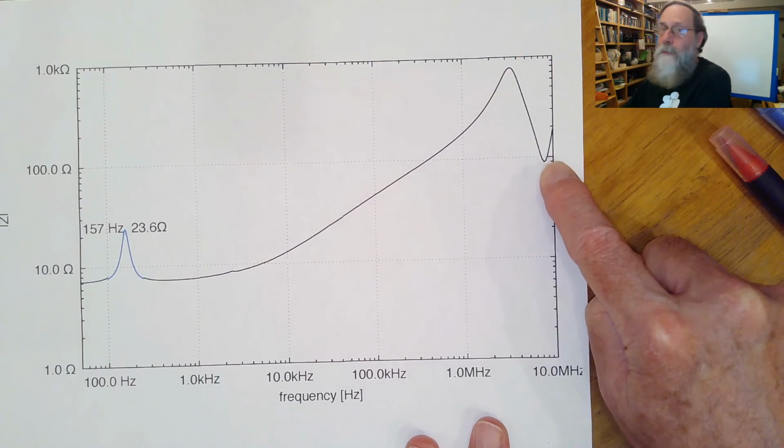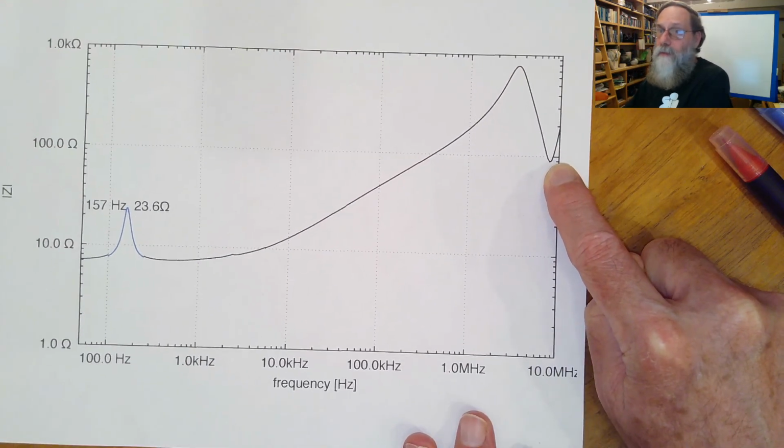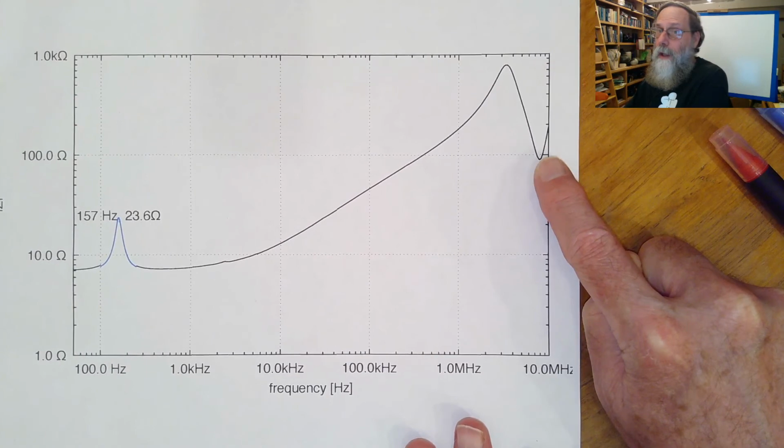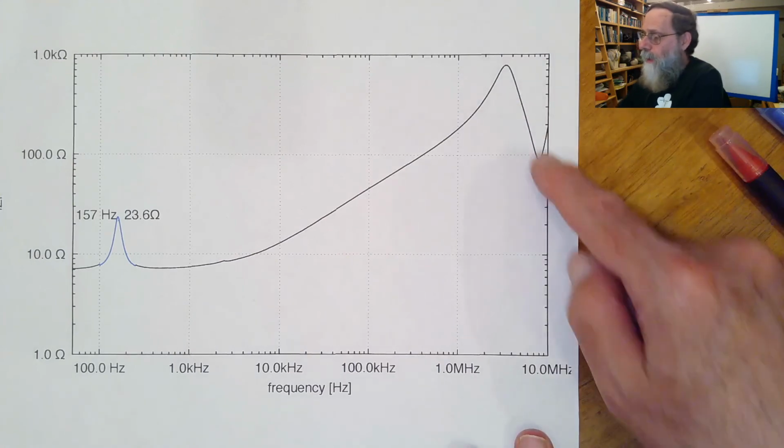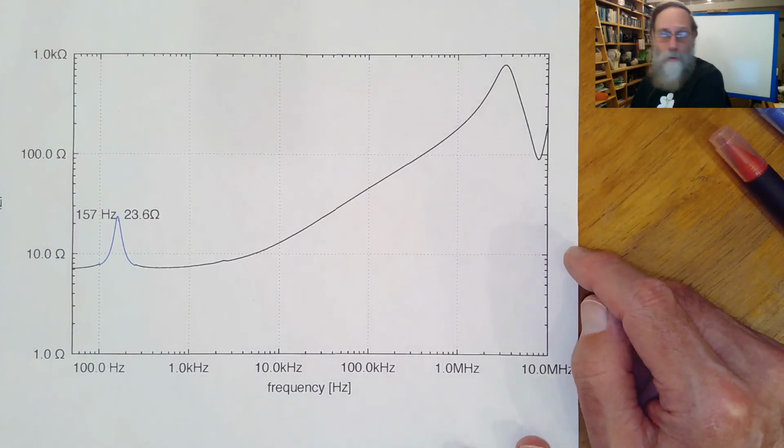Now to fit this point here, we're going to need to have some sort of resonance. And because it's a resonance going down rather than a resonance poking up, that means we're going to need something like an inductor and a capacitor in series. And at this very high frequency, we're mainly being dominated by that capacitor C2.